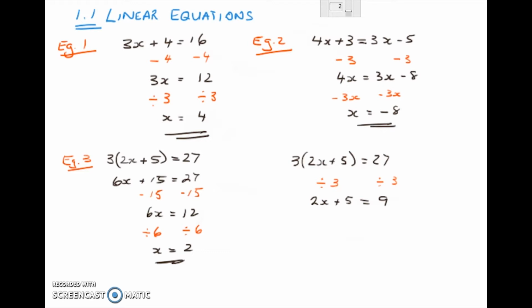Now we can undo the plus 5, so we subtract 5 from both sides, and we're left with 2x on the left equal to 4 on the right. Now we divide both sides by 2. So we're left with x on the left equal to 2 on the right, and so we can see we have our solution.